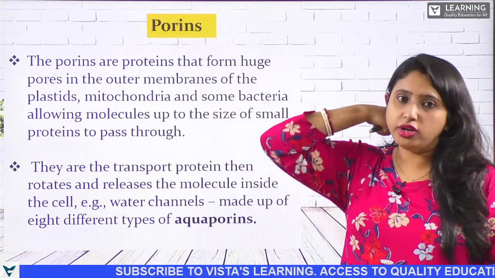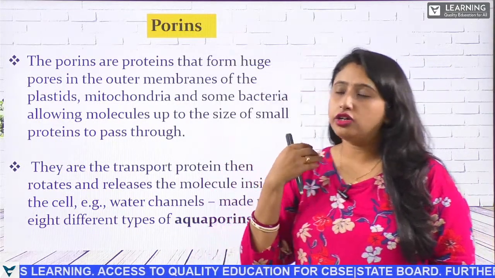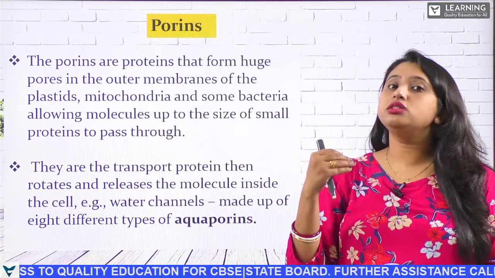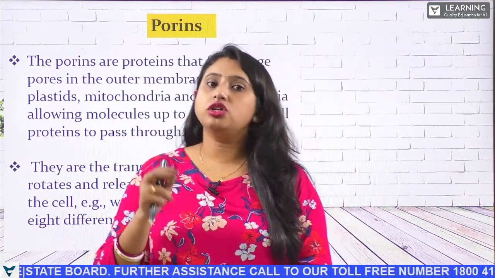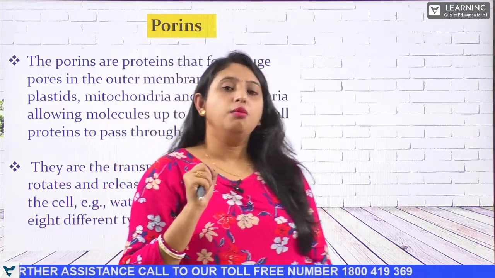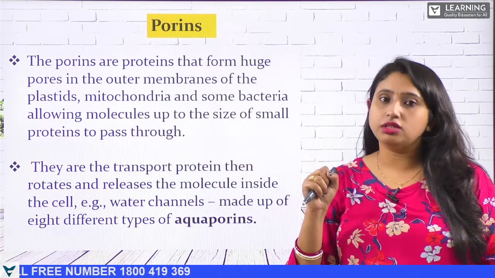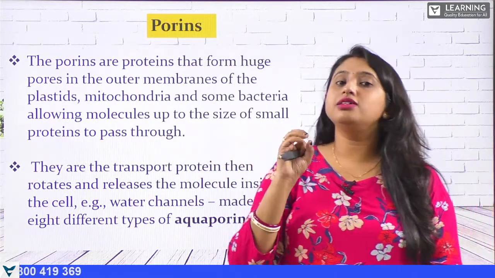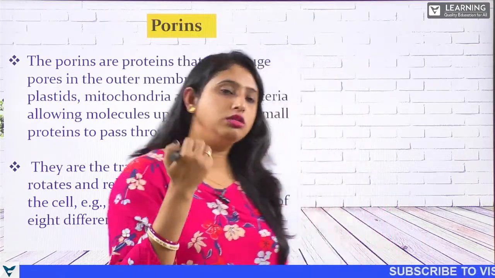Now, what are porins? As we are talking about proteins, porins are proteins which create holes inside the membrane of the plastid, the mitochondria or other cell. They are a special type of protein that creates holes.